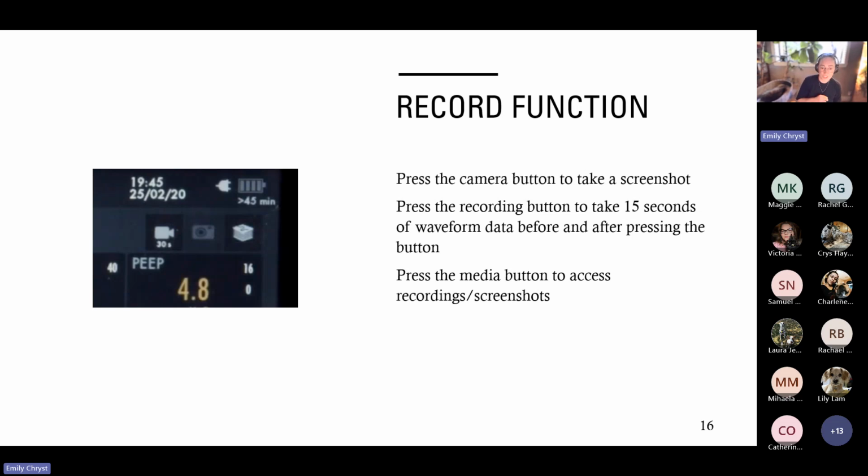So another really important thing to do if you're looking at something, you know, oh my God, this has changed, I don't know what it is, I have to call my criticalist because it's 2:30 in the morning. You can take this record and they'll be able to see exactly what you saw. Great. And then the media button here allows you to access those recordings and screenshots. It's very, very important as a technician. If something weird is happening, you don't have to figure out how to describe it. You don't have to whip out your phone and take a video. You can record it straight from the ventilator.